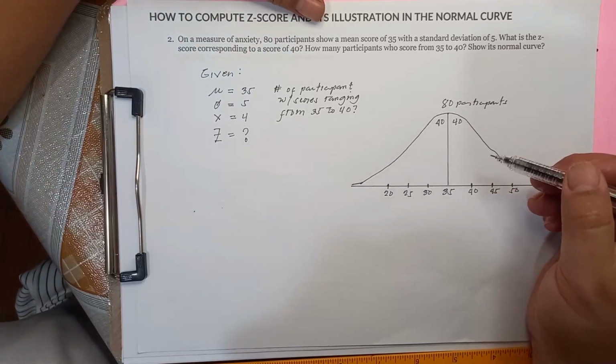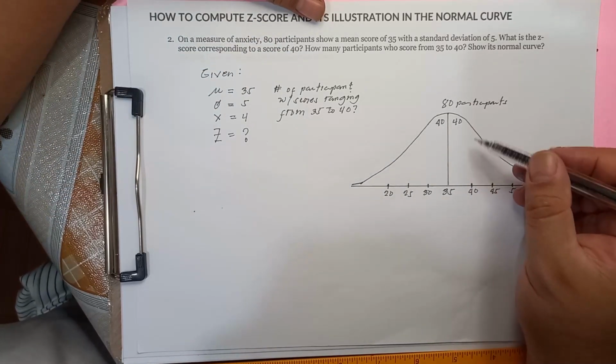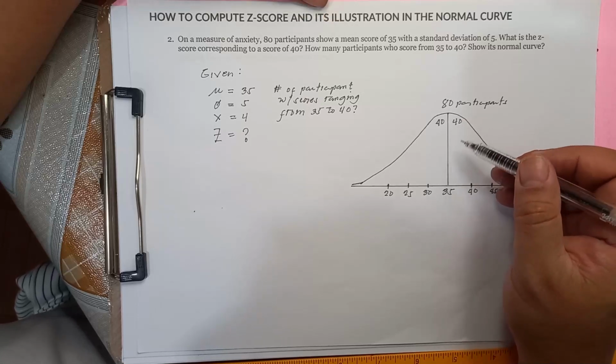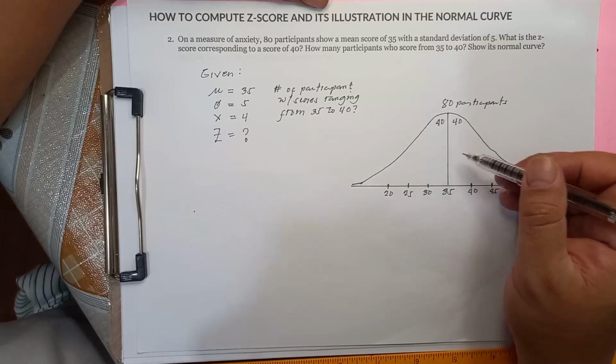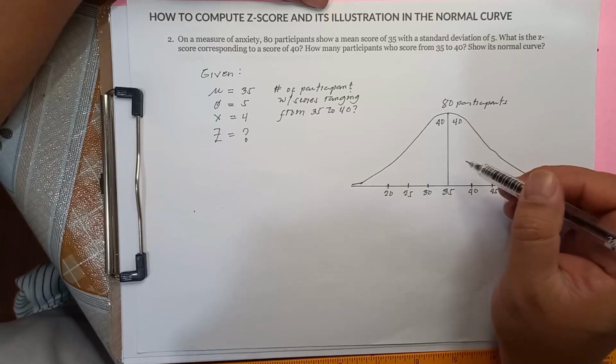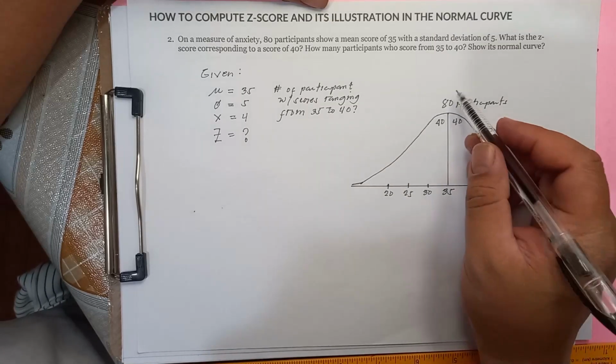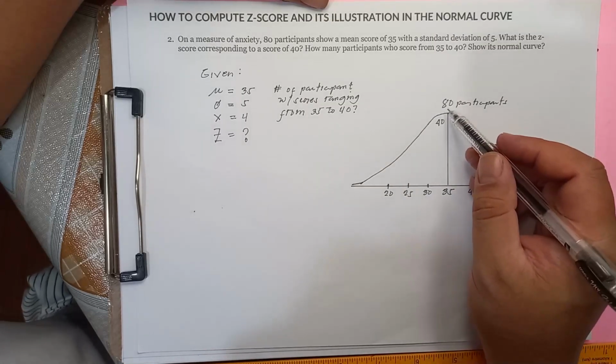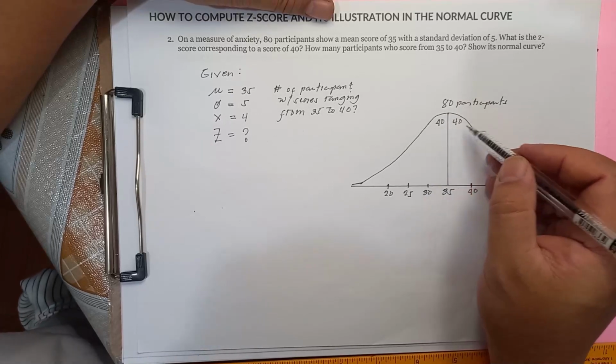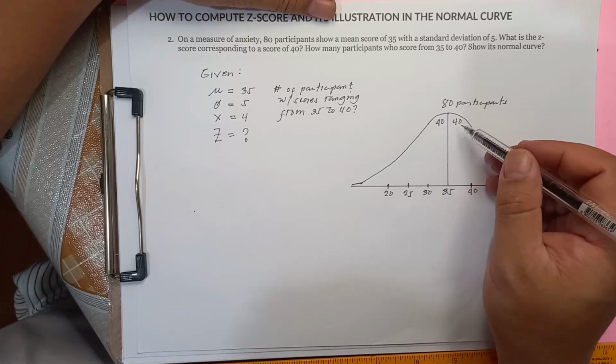The area is 100%, so half of that is 50%. Half of 80 is 40, so this must be 40 also.